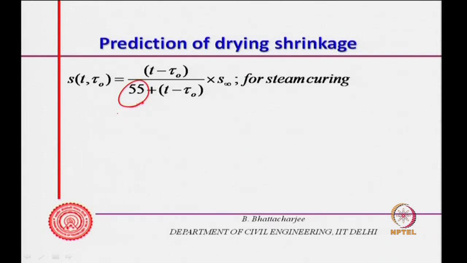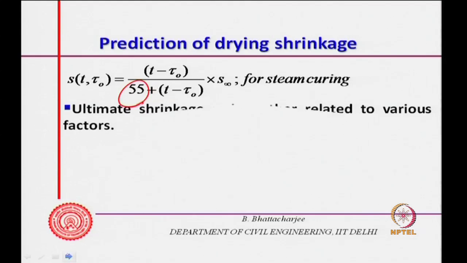So, for steam curing, the shrinkage at any time t, when drying has started from tau 0, is related to ultimate shrinkage, all right.